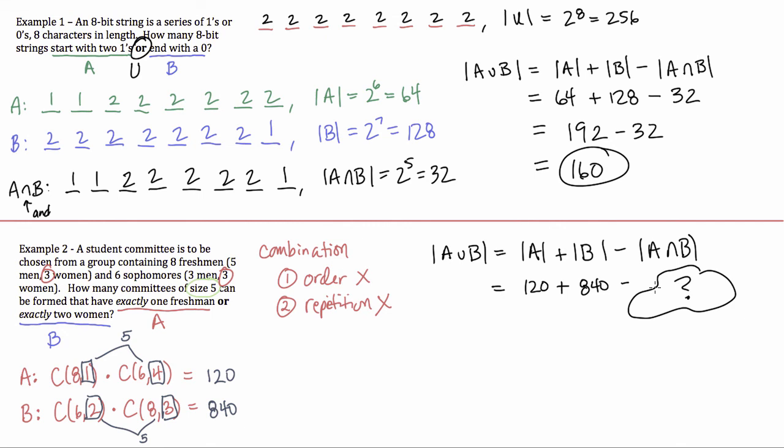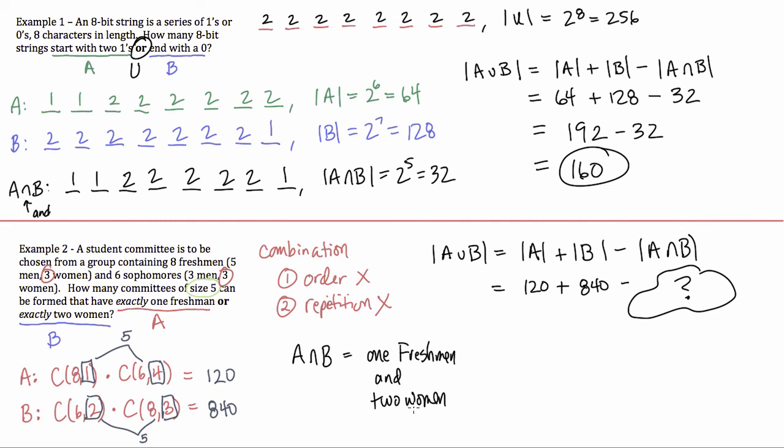It's exactly one freshman and exactly two women. That's what A intersect B would be. So how many ways are there to do that?